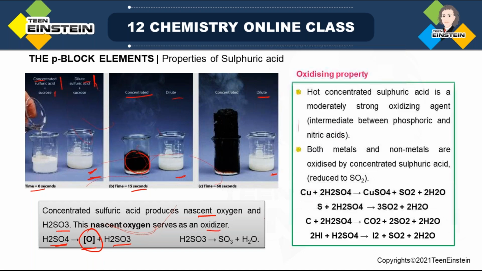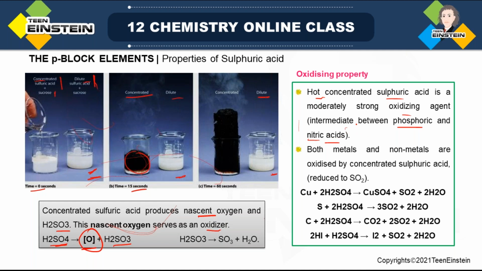Now we will see some reactions where it is showing oxidizing property. Hot concentrated sulfuric acid is a moderately strong oxidizing agent. That is, if we compare the oxidizing property with phosphoric acid and nitric acid, then sulfuric acid comes in between. Maximum oxidizing property is by nitric acid, then sulfuric acid, and then phosphoric acid.